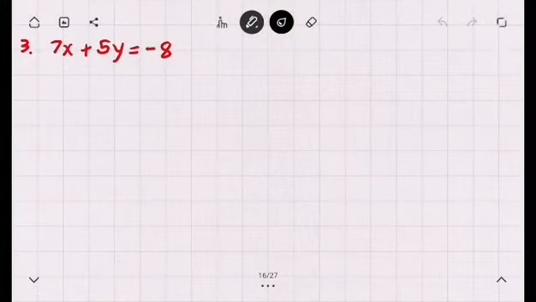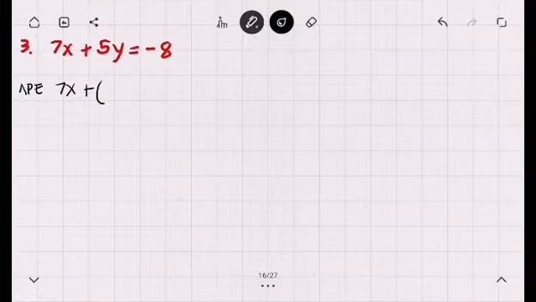So, last, let's say we have 7x plus 5y equals negative 8. Okay. So, APE uli. So, 7x, mag-add tayo ng kontra o yung opposite. So, we have positive 7x, so mag-add tayo ng negative 7x.